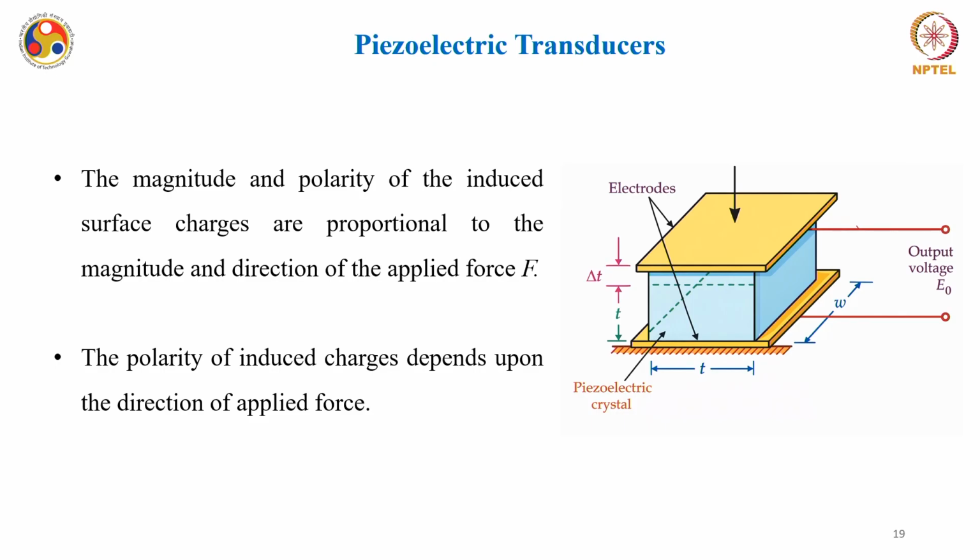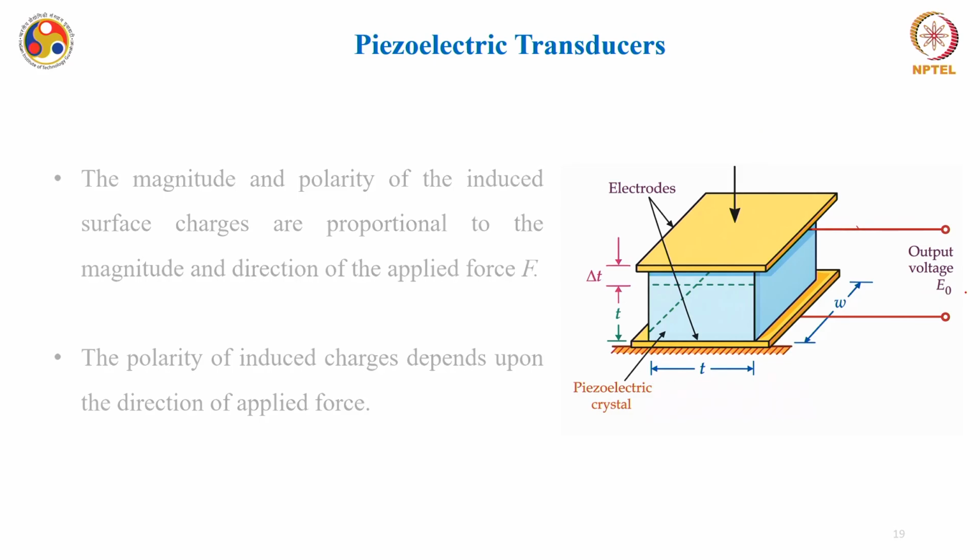Now consider this structure where you have two electrodes and the thickness is T. A compressive force, for example, is applied here, the dimensions are shown over here, and E naught is the output voltage.